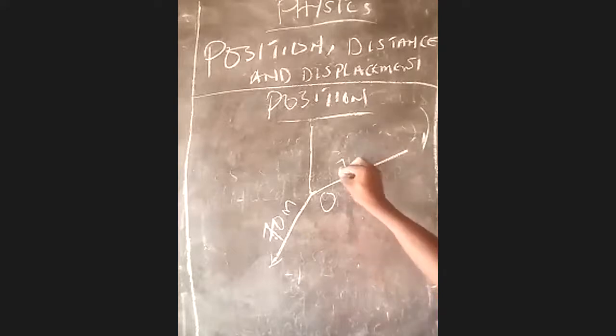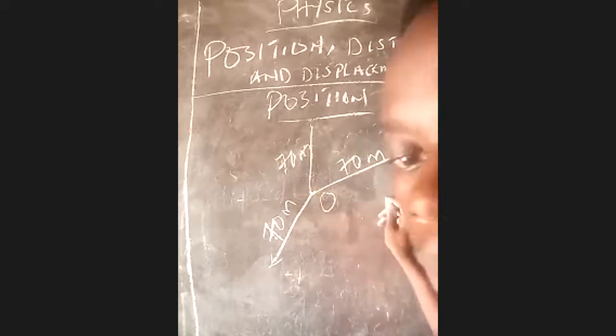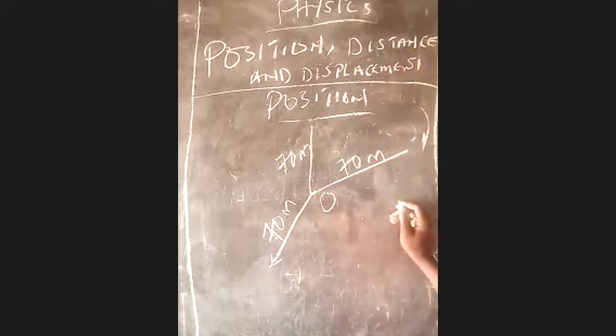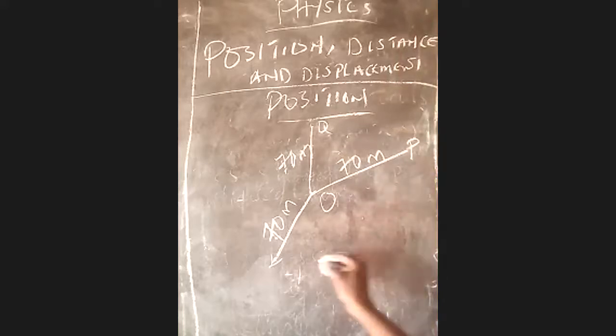This place also should be 70 meters. Now we label this place Q and call this place P. We call this place R.